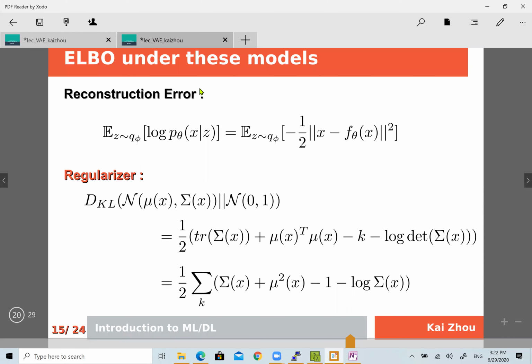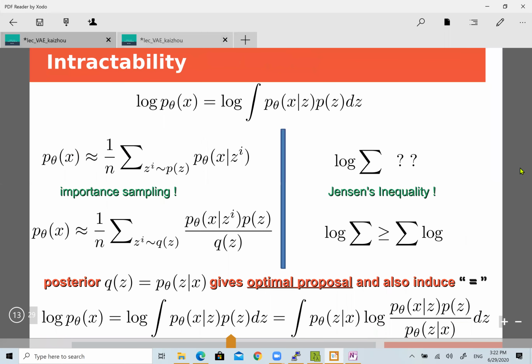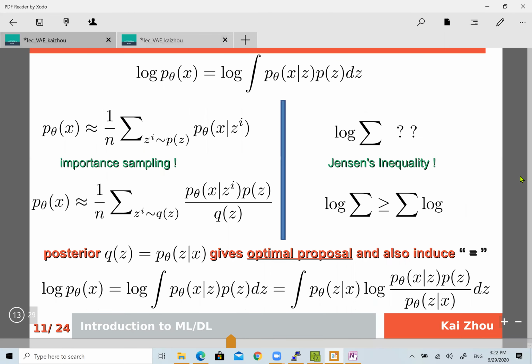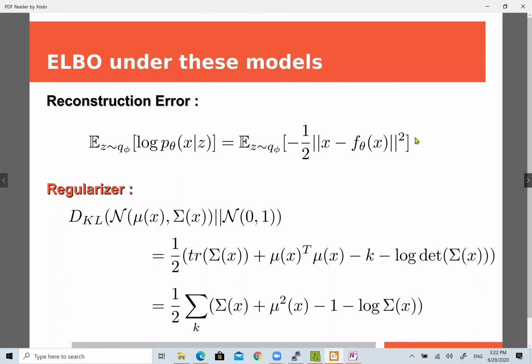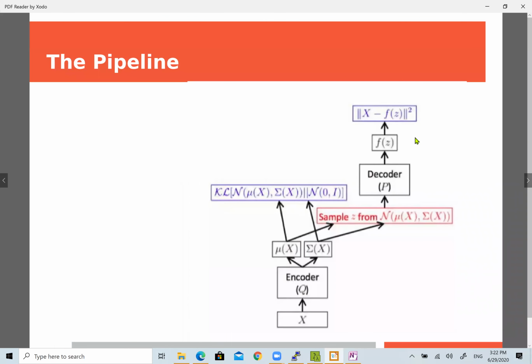Now, if we throw the stuff into the calculation, we can construct the algorithm pipeline that looks like this. You throw in our training data x into an encoder first, right? This encoder is trying to map what kind of z can be associated with each specific training data.